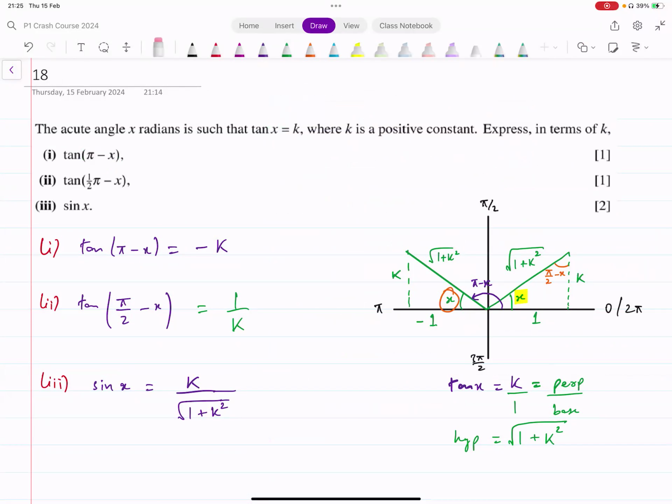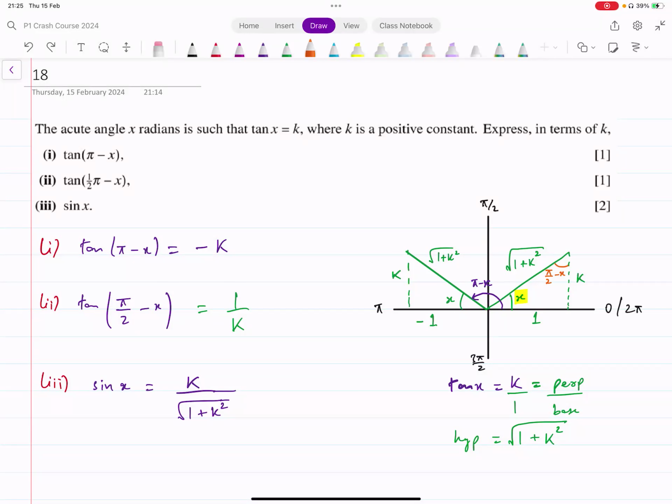So the magnitude of tan is going to be k. But since we are in the second quadrant, tan is negative in the second quadrant, we put a negative sign there because of that. Make sense? Is that okay? Yes, sir.